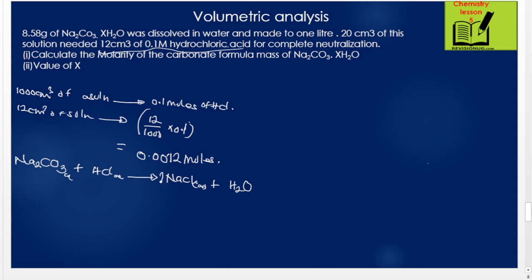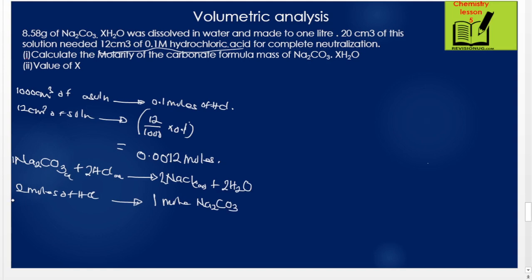Sodiums, there are two, so we balance here, then we also balance this, and the equation is balanced. Therefore the mole ratio says 2 moles of hydrochloric acid from the standard react with 1 mole of the sodium carbonate.